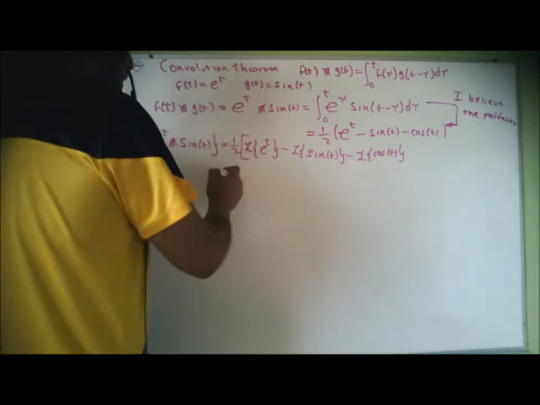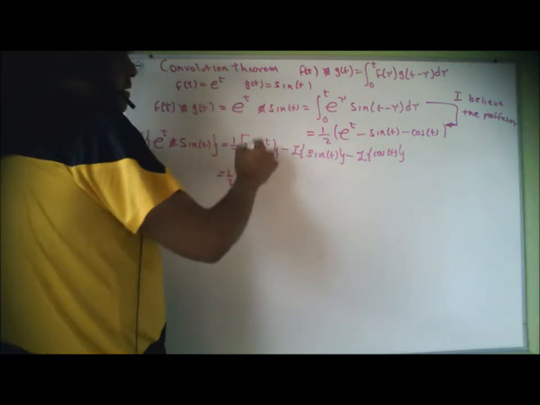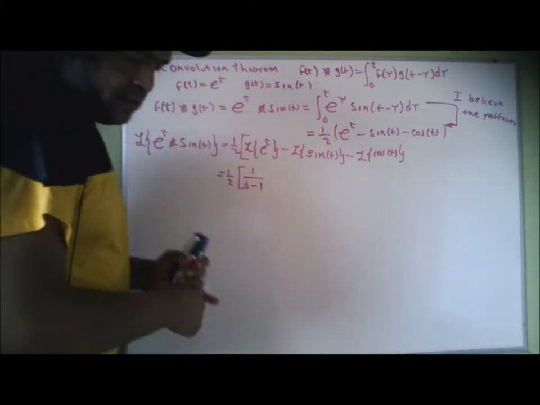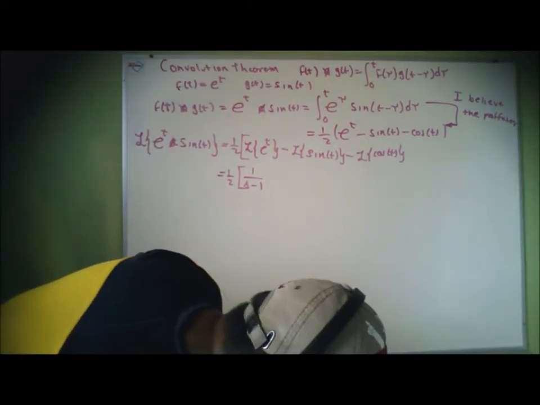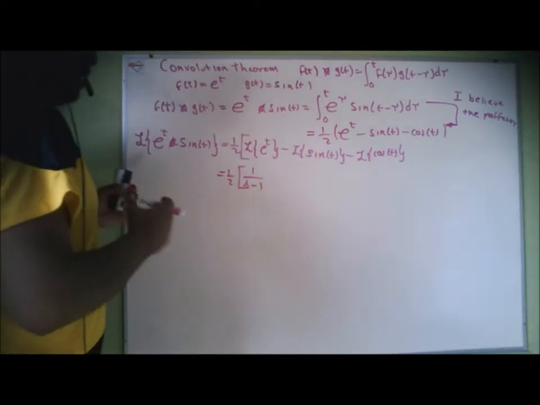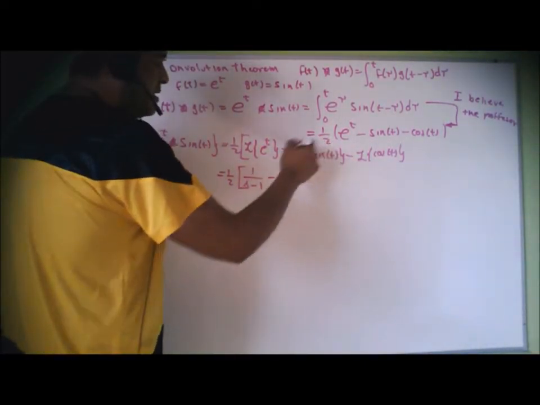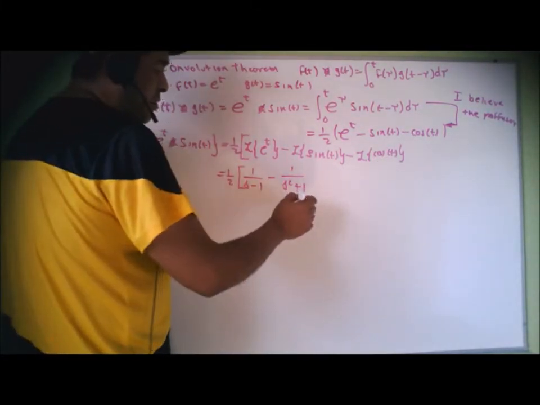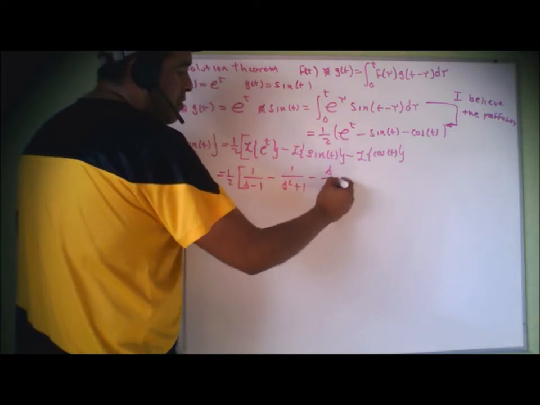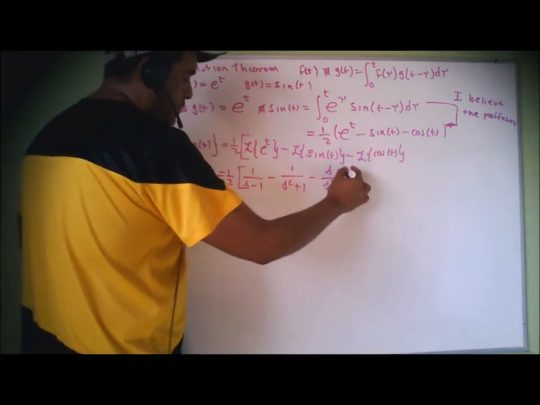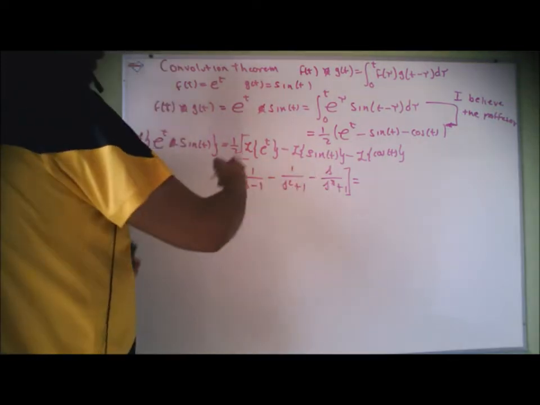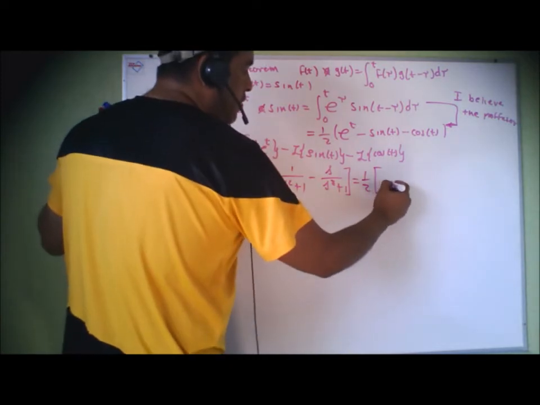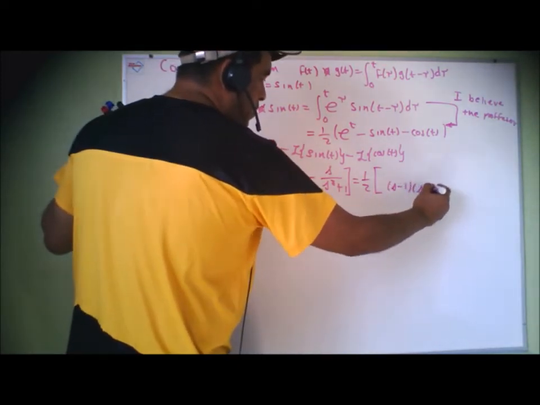Okay, let's continue. 1/2 of the Laplace transform of the exponential is 1 over s minus 1, and then minus the Laplace transform of the sine, which is 1 over s squared plus 1, and the Laplace transform of the cosine is s over s squared plus 1. Let's do a common denominator here. 1/2 times the common denominator, which is s minus 1 times s squared plus 1.